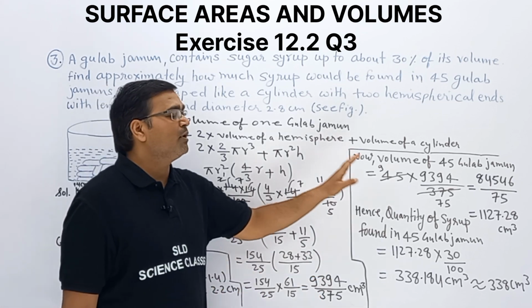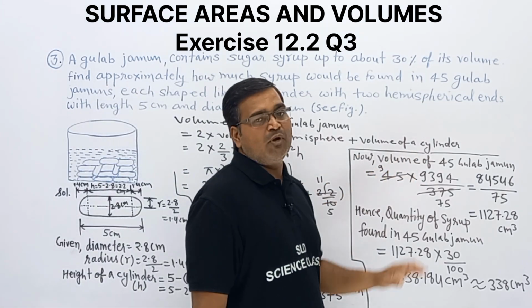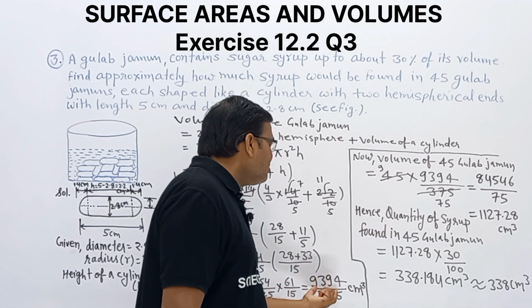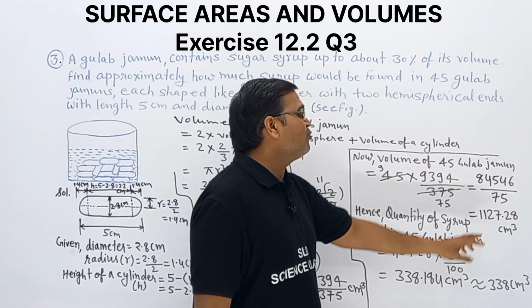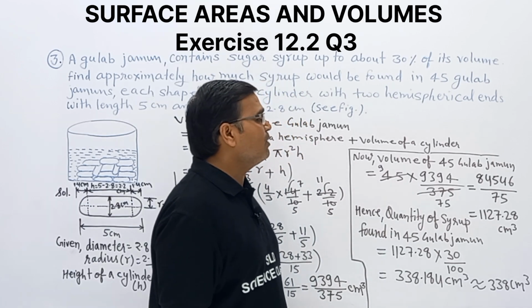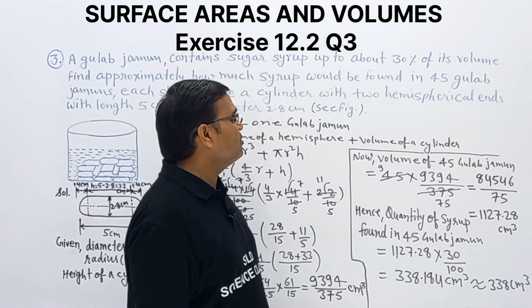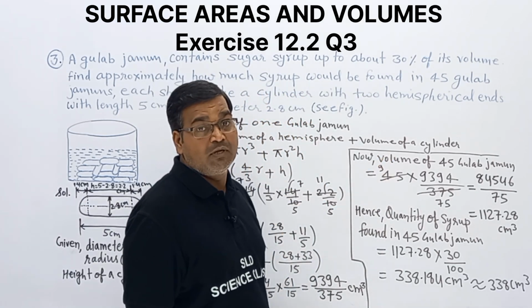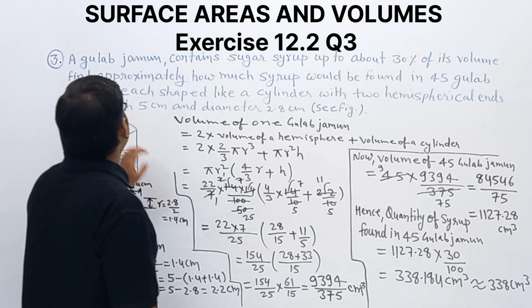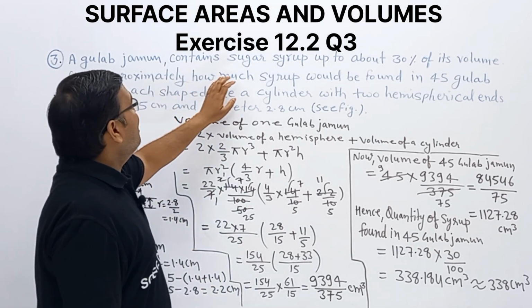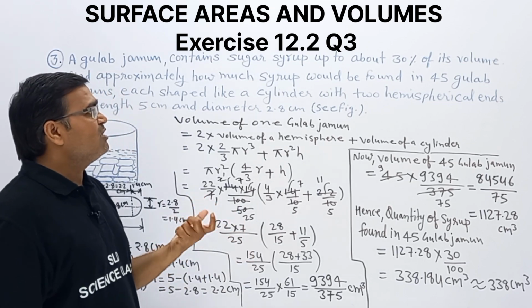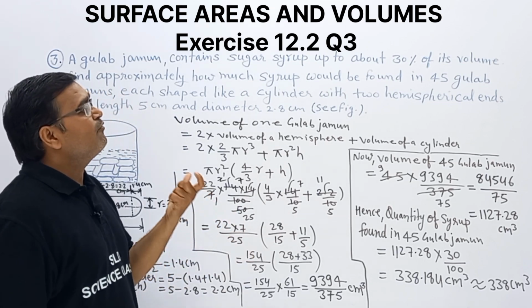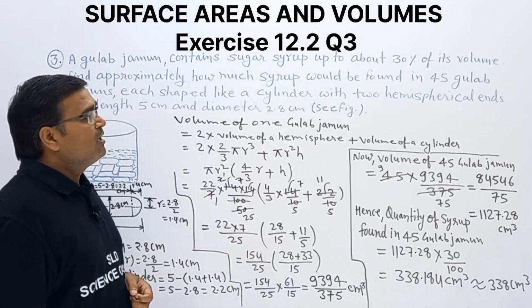But we are having 45 gulab jamun, so we will multiply this volume by 45. Then we are getting 45 gulab jamun volumes. 1127.28 centimeter cube is what? Volume of 45 gulab jamun. But we want what? Find approximately how much syrup would be found in 45 gulab jamun.